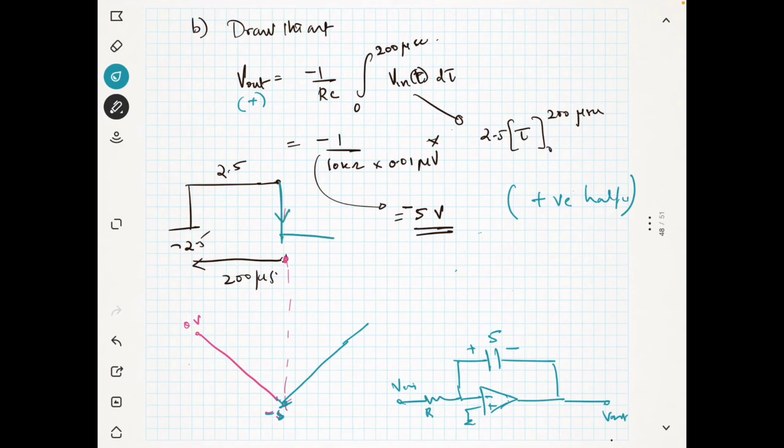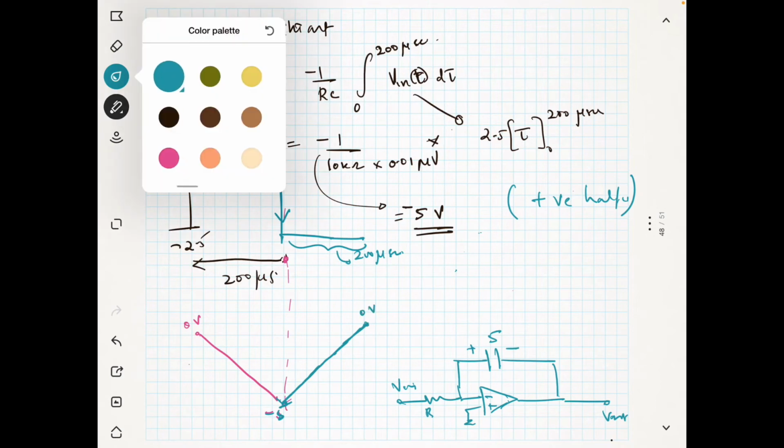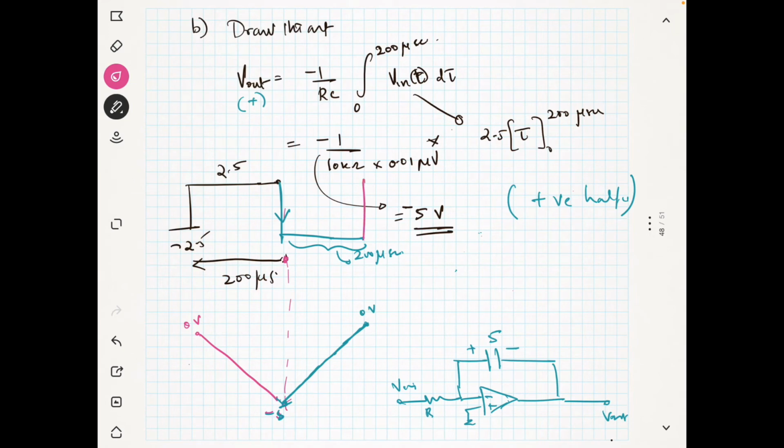Your capacitor will start charging, or discharging, in the opposite direction. It stays for 200 microsecond again, so this duration is also 200 microsecond. So the capacitor will be completely discharged. Now in the next cycle, your capacitor will again charge to minus 5. Like this it will continue.